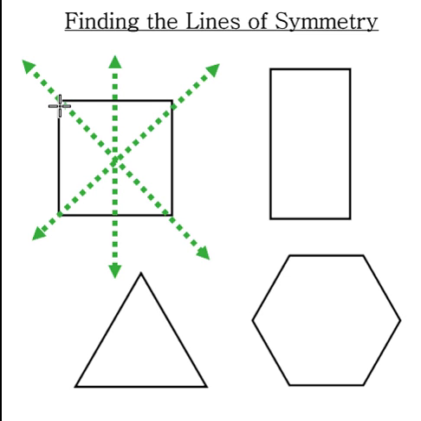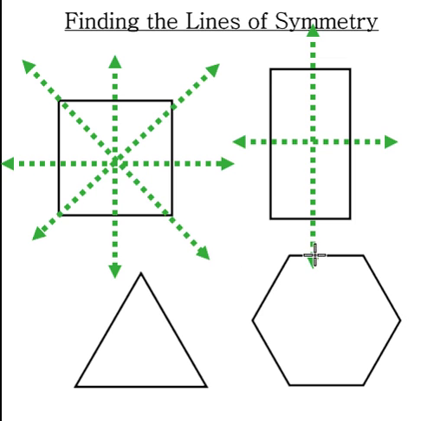This point here and this point would meet, as would cutting it here. So this one has 1, 2, 3, 4. This square has 4 sides. It has 4 lines of symmetry. The rectangle, you can cut across, you can cut up and down, but you cannot cut diagonally because this point would not fold into this point. The points would be on opposite sides, so this does not have more than 2 lines of symmetry.